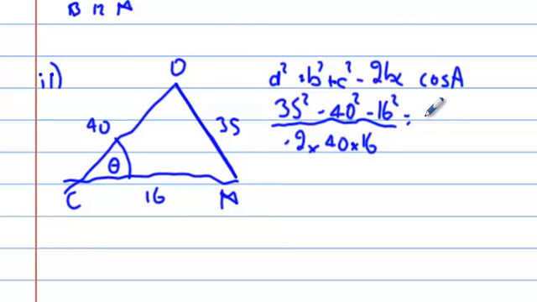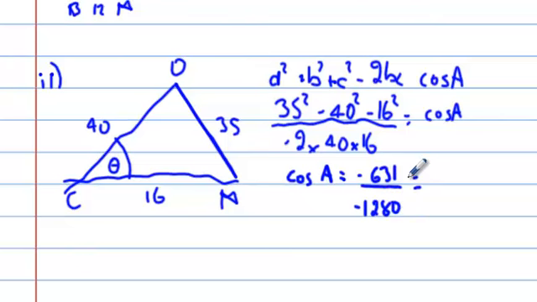That equals cos a. So cos a equals negative 631 over negative 1280. Negatives cancel, which gives me 0.49. Do the inverse cosine of that to get the angle, and that will be 60.5 degrees.